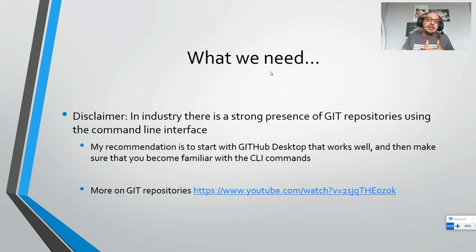It makes the learning curve a little bit less steep, so it is a little more user-friendly and a little easier to use. But in fairness, in the industry, what is used the most is the command line. So my recommendation is let's start with GitHub Desktop, which is a graphic user interface. And then if you want to explore command line commands, they're widely available on the internet.